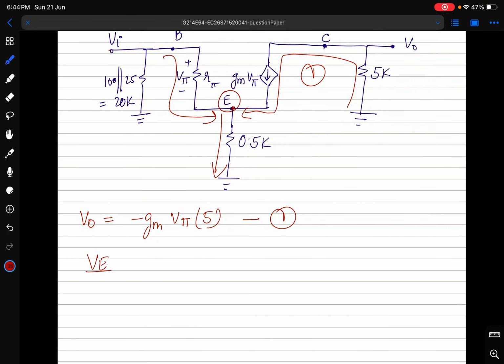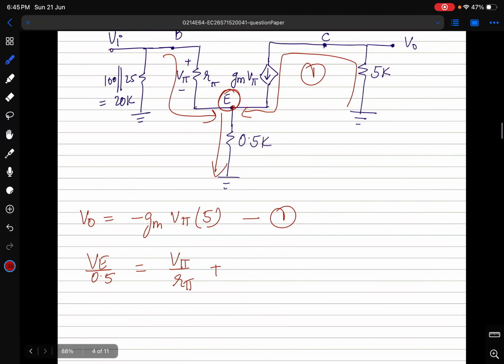I will apply KCL at this node. So it will be V by 0.5 equals to 2 currents are entering. First one is V pi by R pi plus GM V pi. In this branch, 2 currents are coming, one is this and one is this. So I have written that only. So this is the second equation.